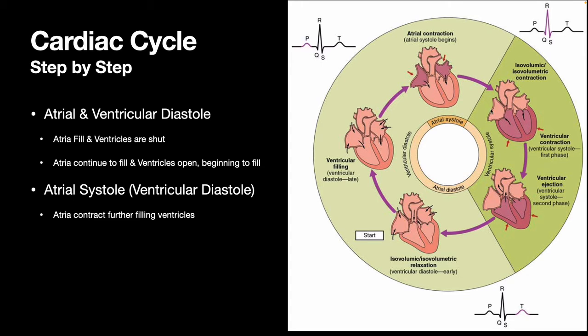This will then transition from atrial systole to ventricular systole, and we'll go back to atrial diastole. So the atria will begin to relax, and as they relax and the ventricles begin to contract, that will increase pressure in the ventricles, pushing back on those AV valves, so that will close the bicuspid and tricuspid valve. Increasing pressure in the heart there will eventually cause the semilunar valves, both the aortic and pulmonary semilunar valves, to open.